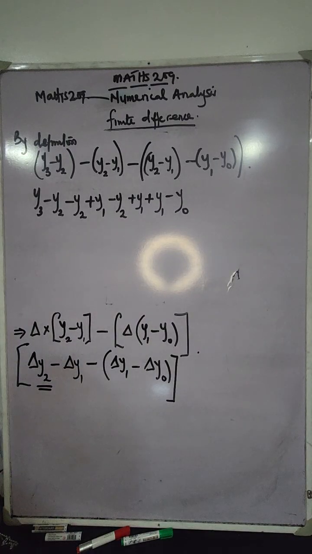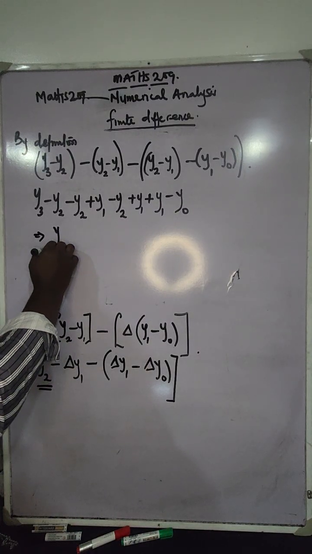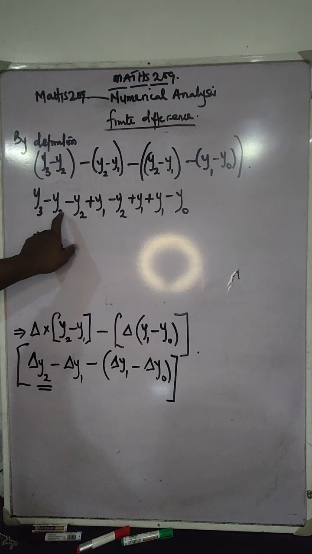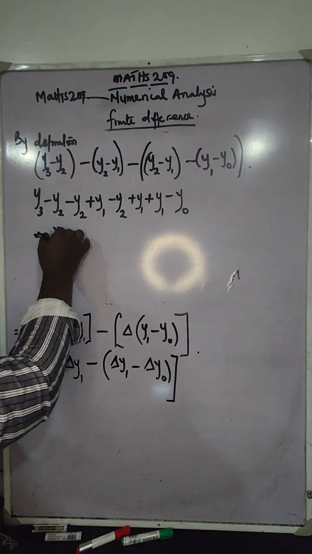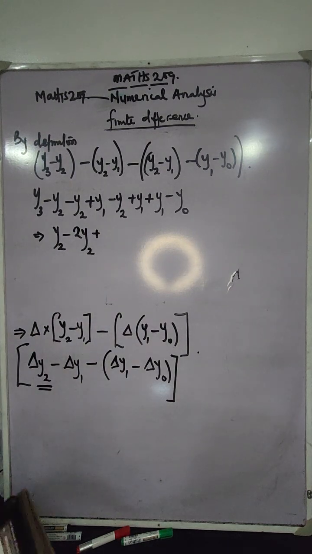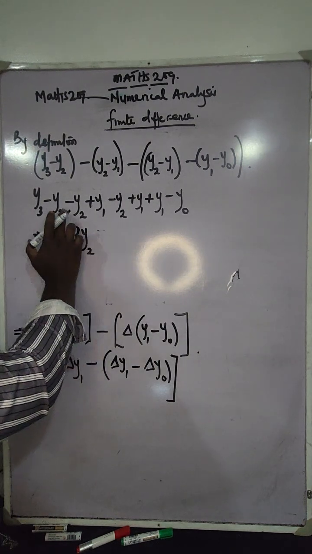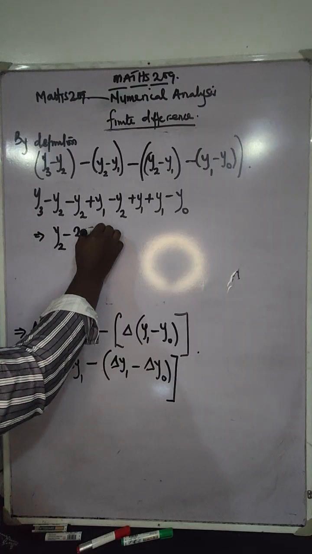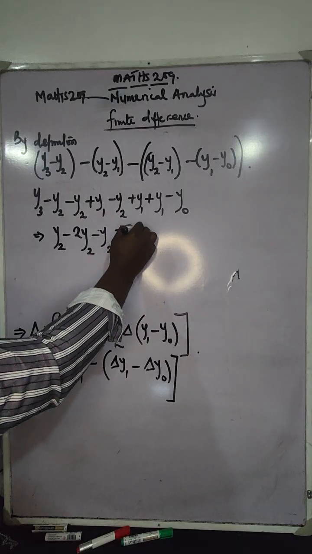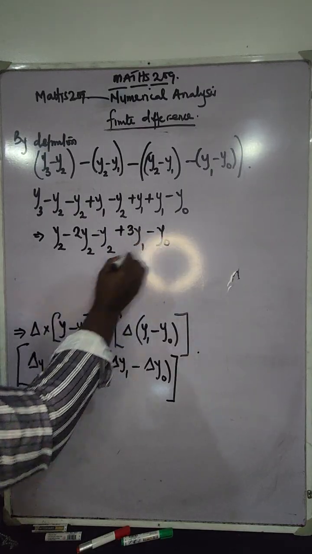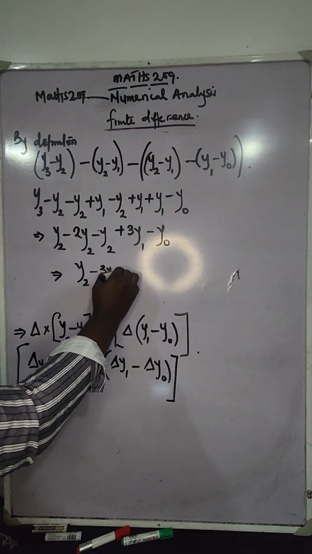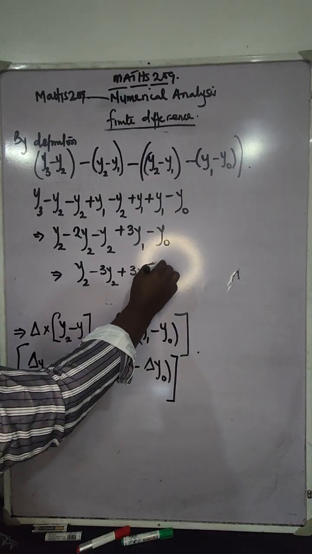So all we are having is y2, then minus 2y2, collecting like terms here, and minus y2 here, plus 3y1 minus y0.